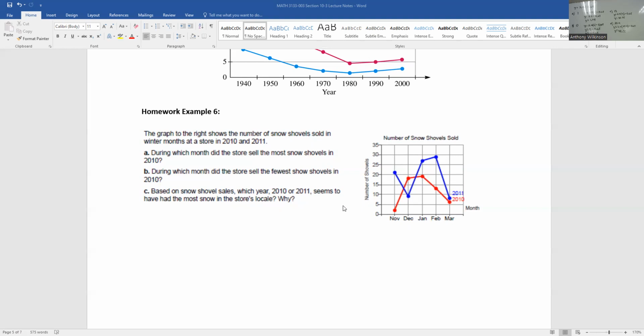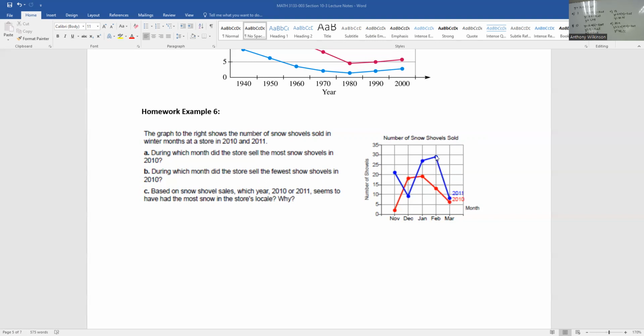Now, based on the snow shovel sales, which year, either 2010 or 2011, seems to have had the most snow in the store's locale? It will have to be 2011. And what do you think would be the reason for that?